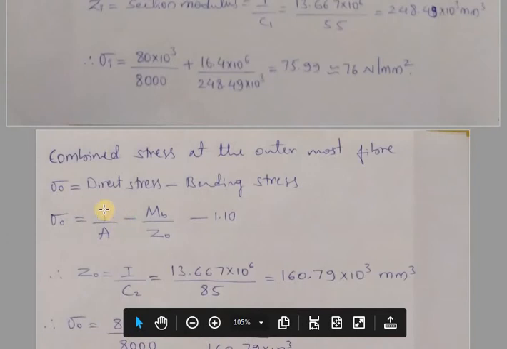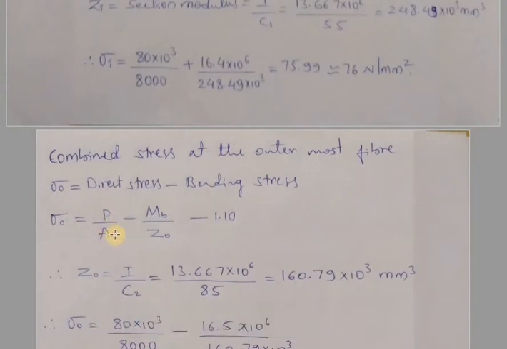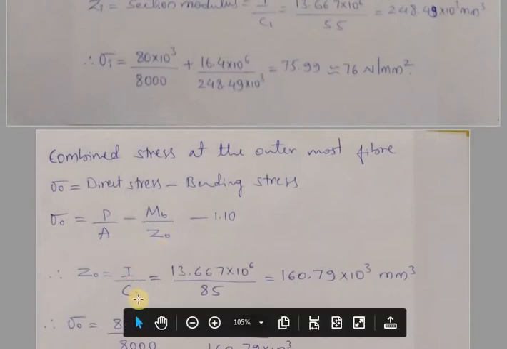Here the value of P remains the same, that is the load. The area remains the same, the cross sectional area. The bending moment value remains the same because it is with respect to CG. Only the section modulus at the outer fiber changes, I by C2. The value of I is the same, C2 is 85.